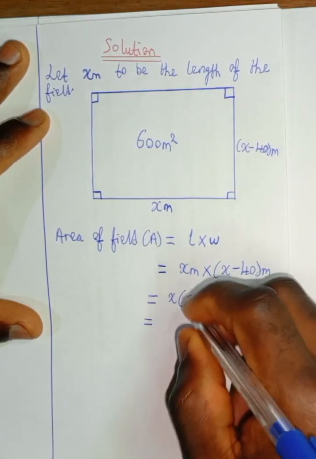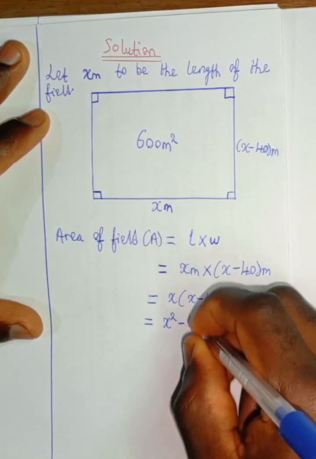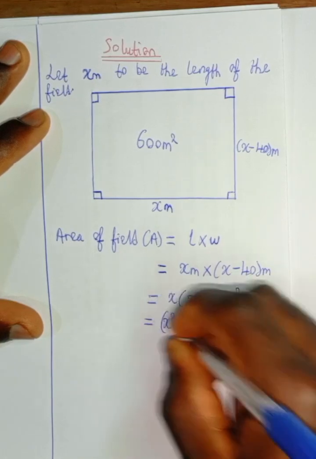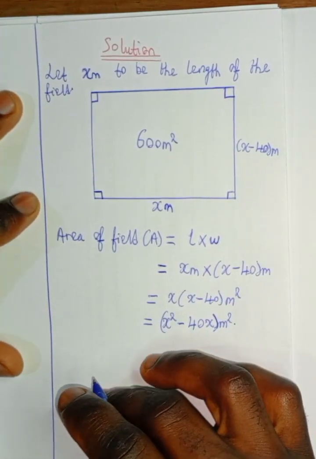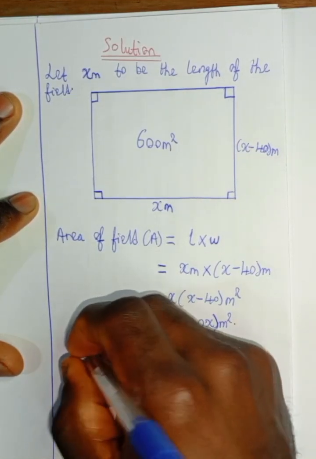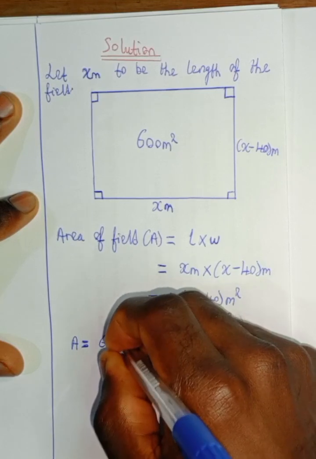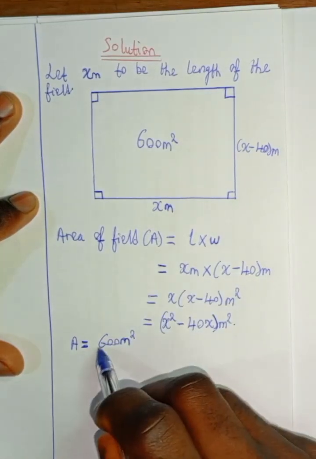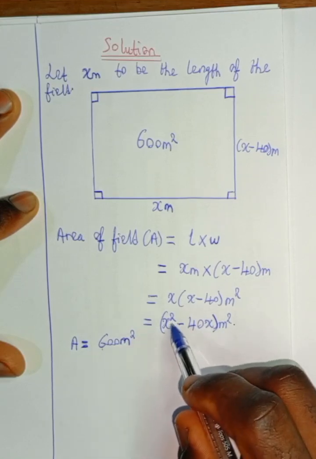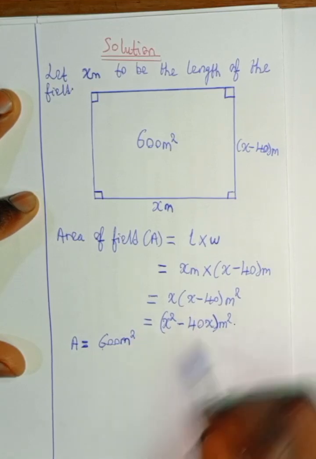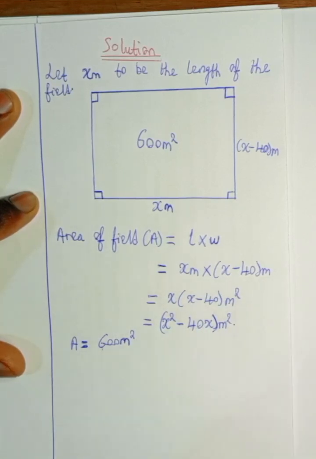And this will be equal to x times x gives us x squared, x times negative 40 gives us negative 40x. All this will be in meters squared. We know from the given question that the area of the field is equal to 600 meters squared. 600 meters squared will be equal to x squared minus 40x meters squared, because the area of the field remains the same.